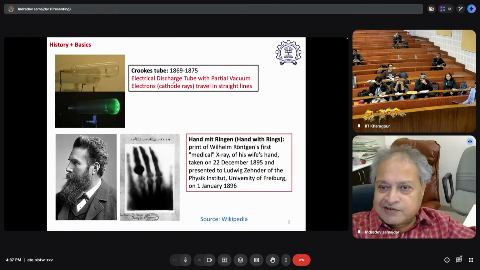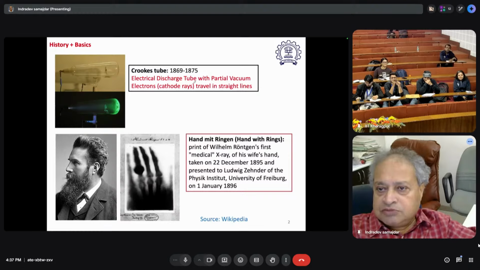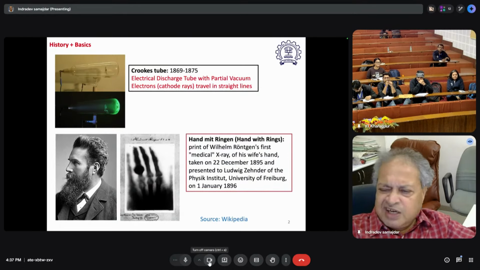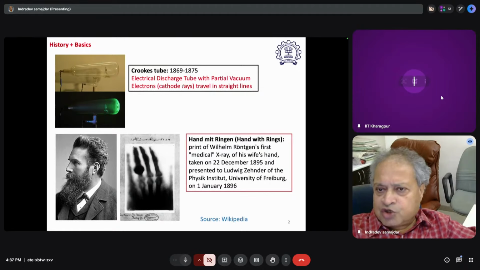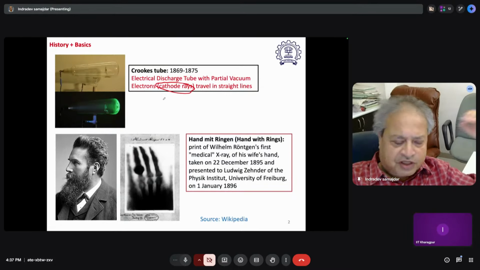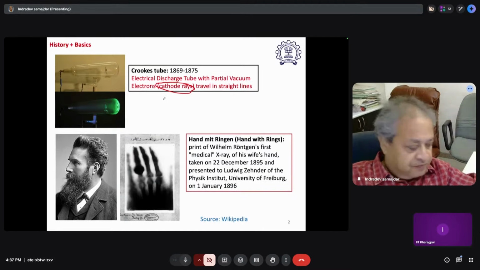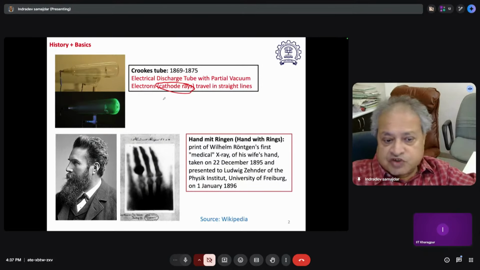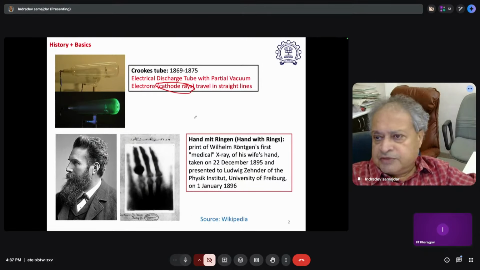It is an electric discharge tube with partial vacuum, 10⁻⁴ to 10⁻² torr, and electrons, the so-called cathode rays, travel in a straight line. One of the first things you understand about X-rays is that they travel in straight lines. This was in this time frame.